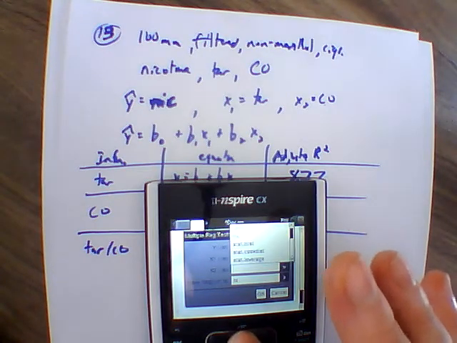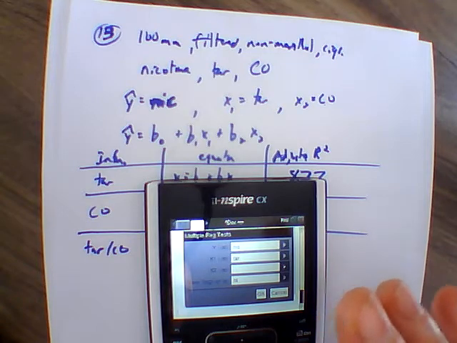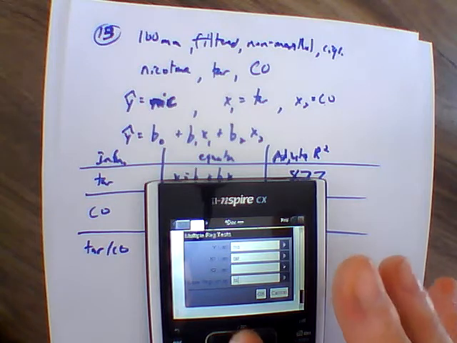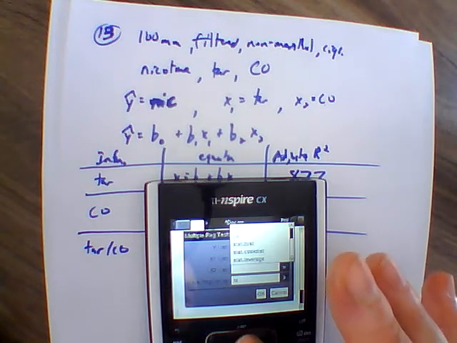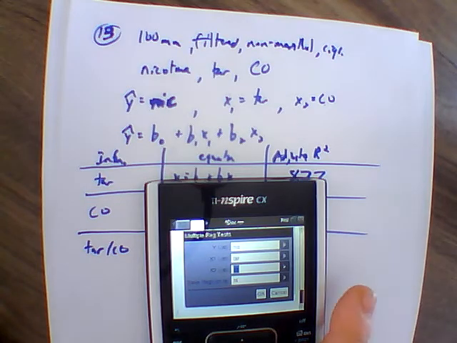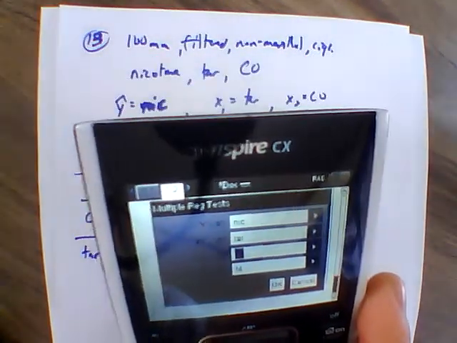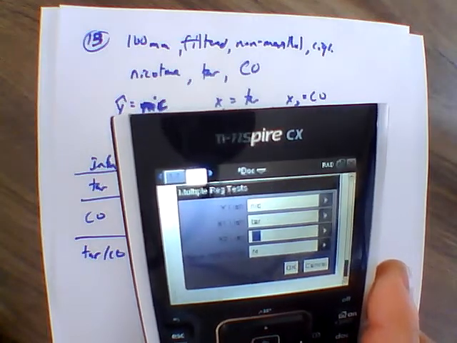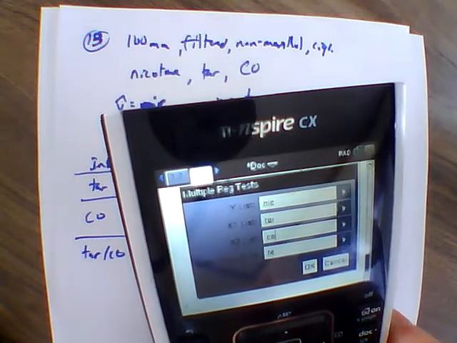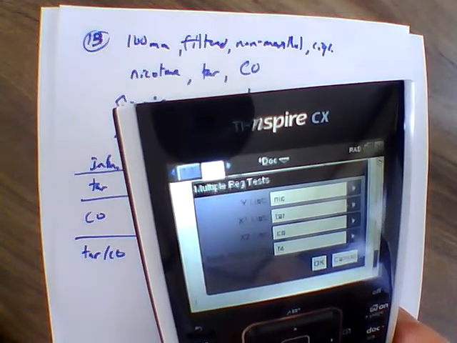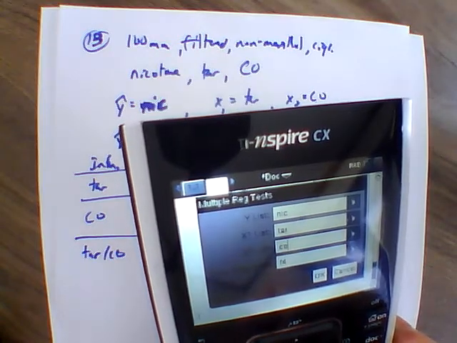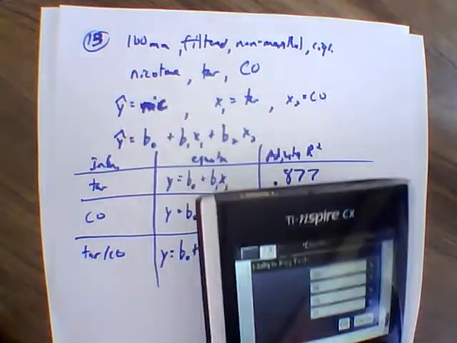And then CO was the second one. I just want to keep X1, X2 to follow what I defined in there. So we can see that we have nicotine, tar, CO. Once again, Y was nicotine, X1 was tar, X2 was carbon monoxide. So we want to keep it that way.